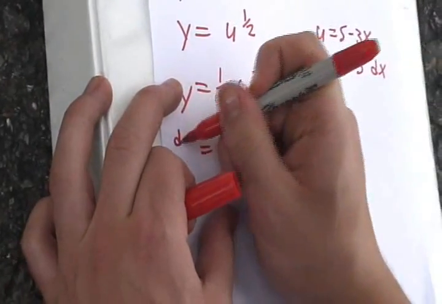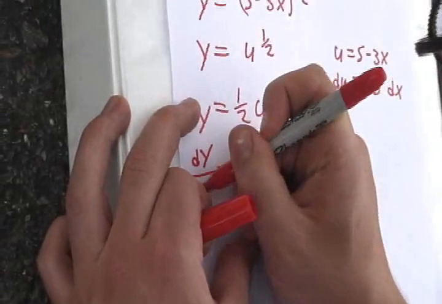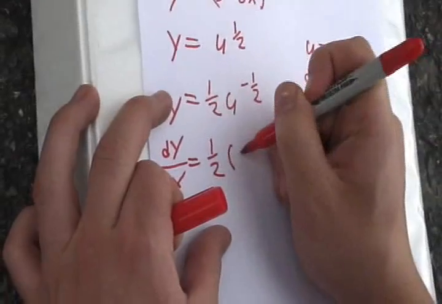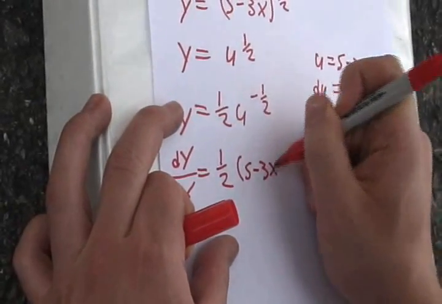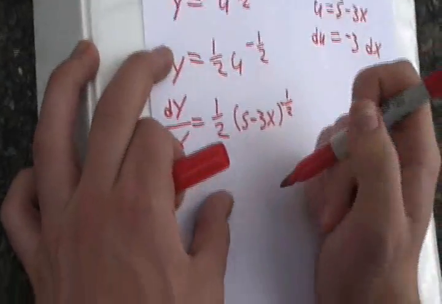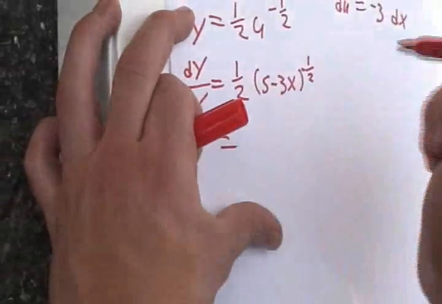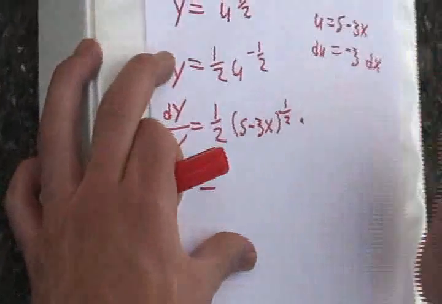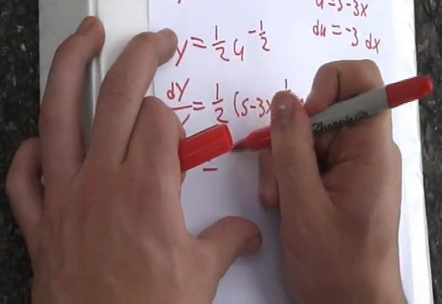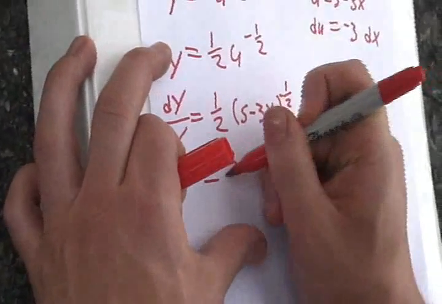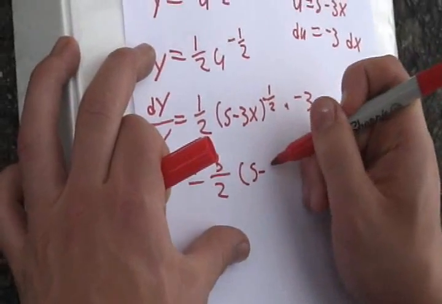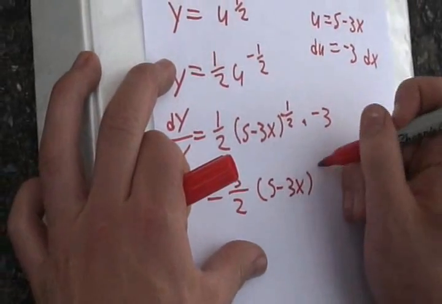I'll substitute u back in and multiply by the differentiation of the u value. That will equal negative 3/2 times the quantity 5 minus 3x to the negative 1/2.